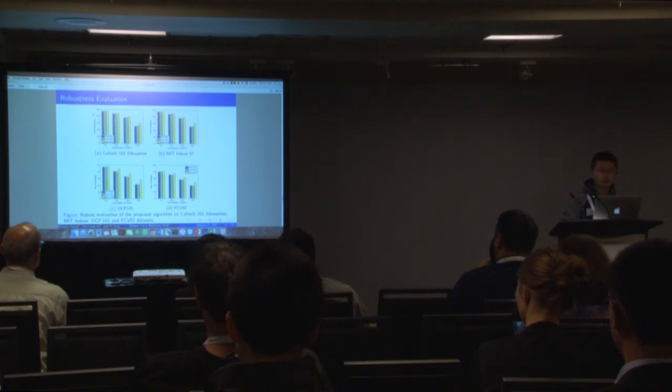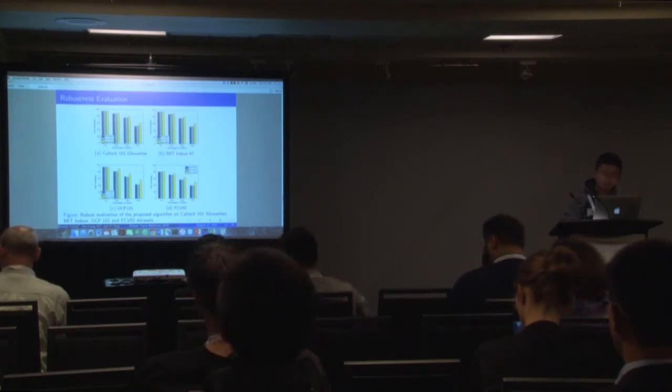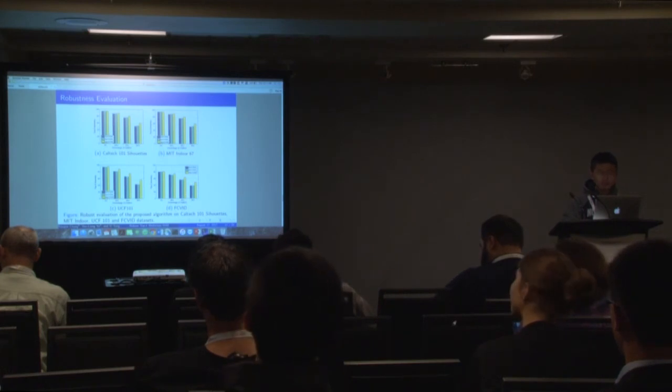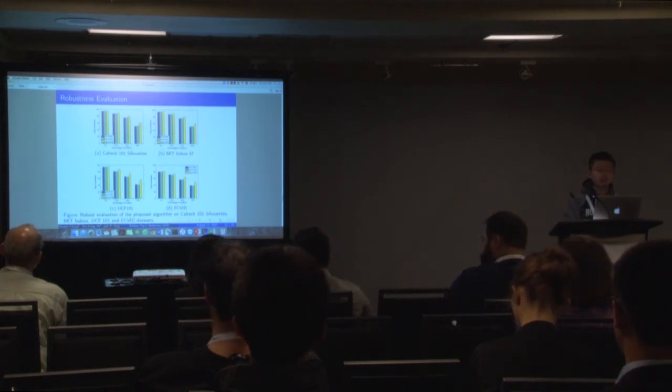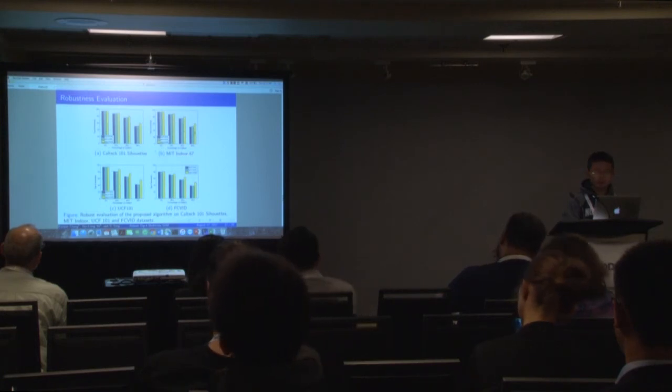We also do some robustness evaluation experiments, and these are the experiment results on the four datasets. We can see that if we have more outliers, we gain more advantage over the baseline algorithms. Similar observations are made on the four datasets.